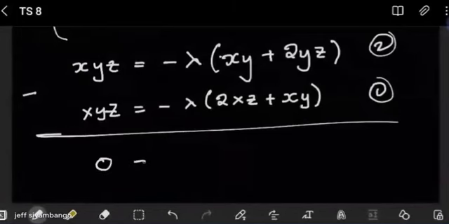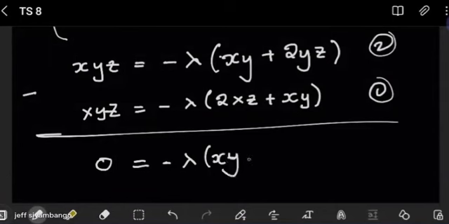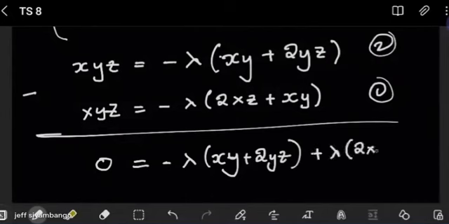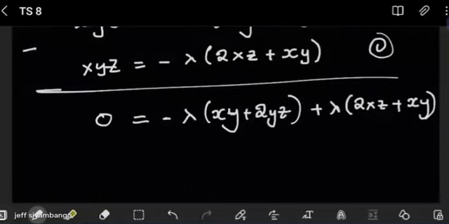The left side will be 0, and this becomes minus lambda xy plus 2 lambda yz, and then this is going to be plus lambda 2xz plus lambda xy. You see that lambda here falls off. Lambda is going to cancel out.